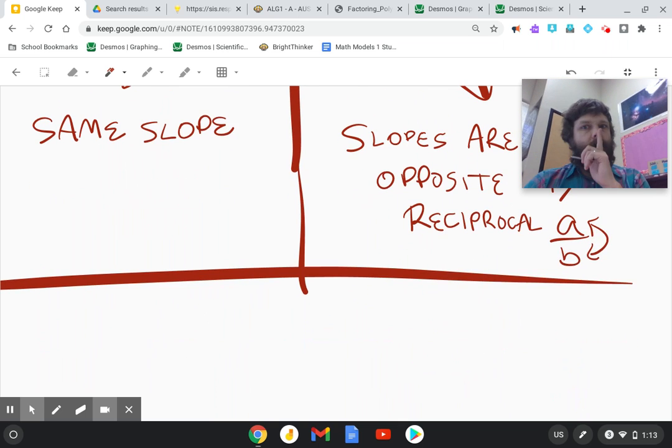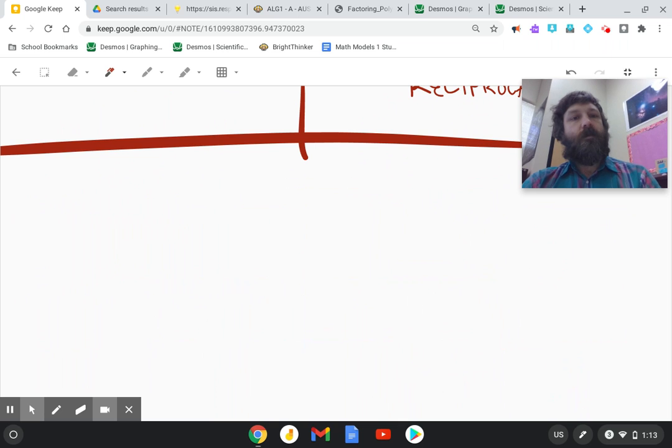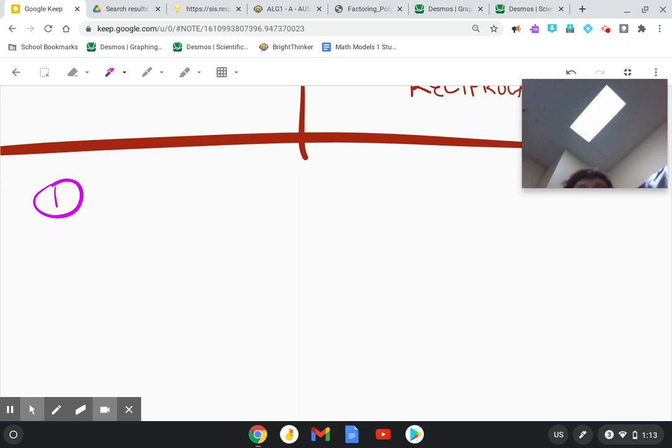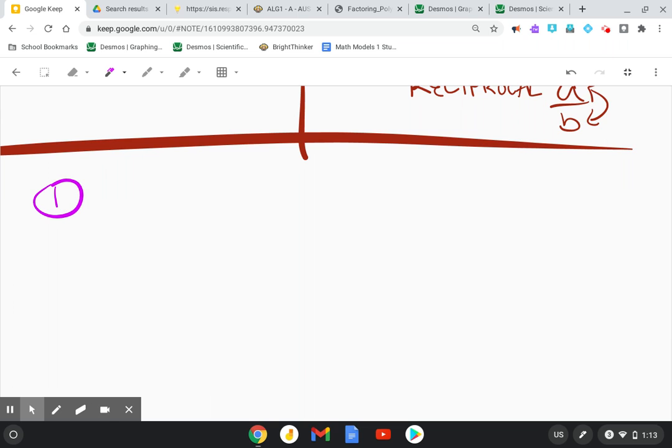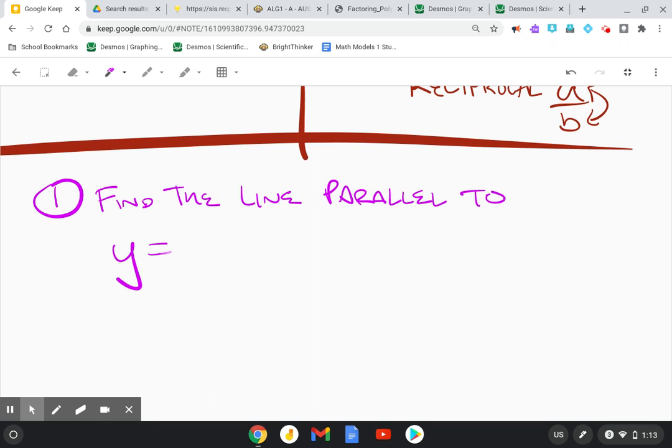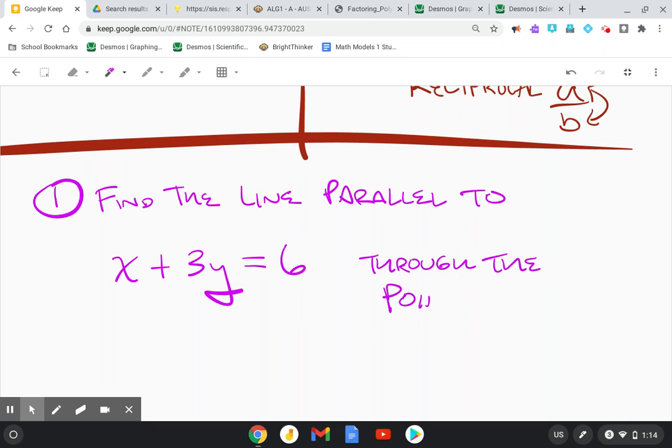Let's look at what types of problems they're going to ask us. The main way is they're going to say something like this: find the line parallel to, and they'll give us an equation, x plus 3y equals 6, through the point (4, 2).